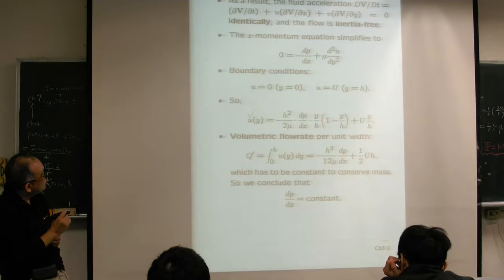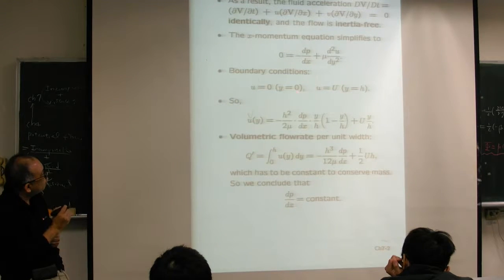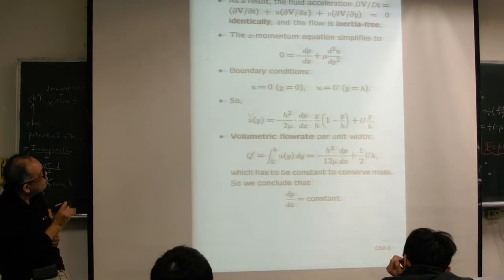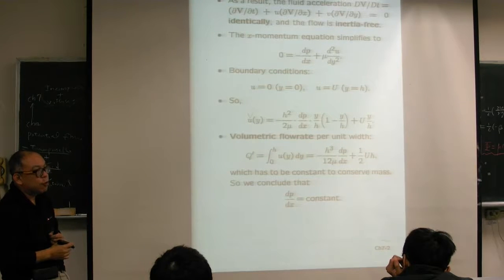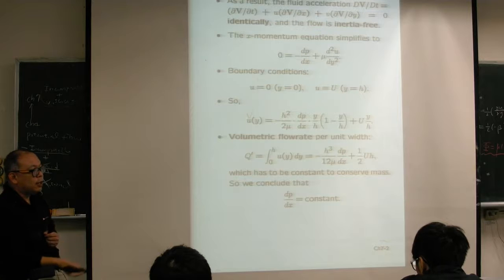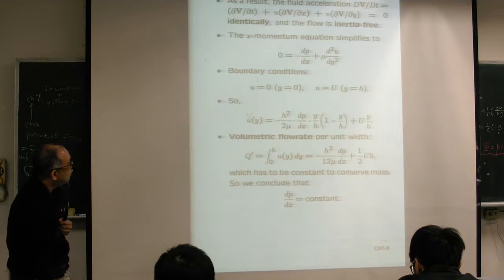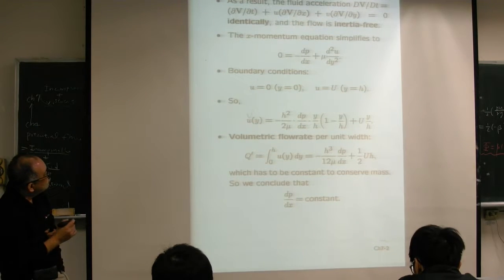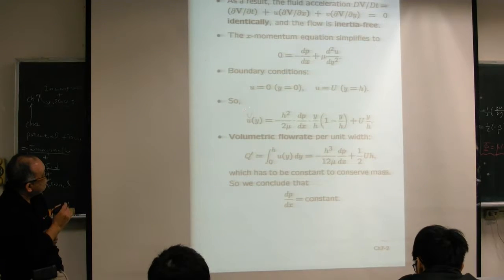We do the integration and apply these two boundary conditions to find the two integration constants. 我们会积分2次以后，把 y 积分1次得到一个 constant，y 积分第2次得到第2个 constant。So we integrate twice in y, so we get two integration constants. And by using these two boundary conditions, we can find these two constants. By substituting these two constants into our solution, it becomes like this.